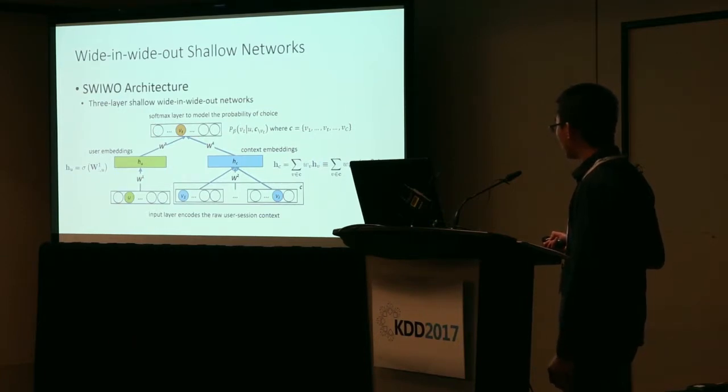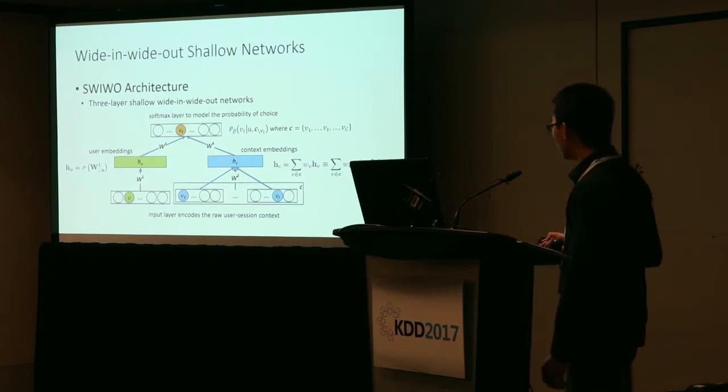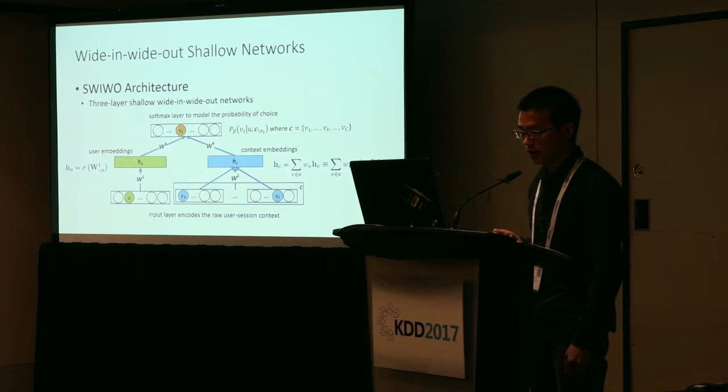Because we want to obtain context embeddings rather than single items, we have a weighted summation here. The question is how to properly determine the weight for each item in a session.